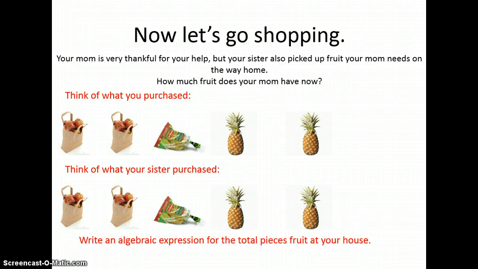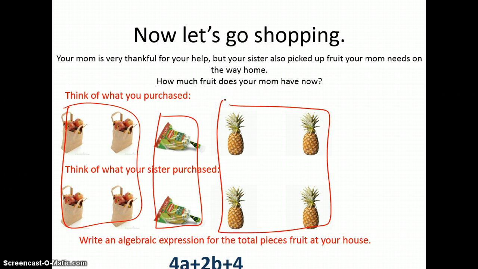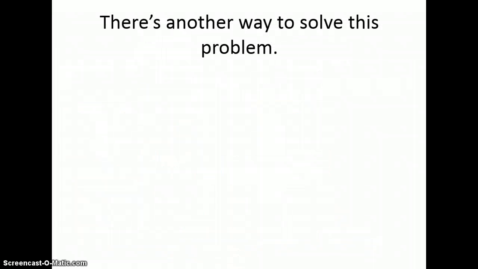But if I wanted to write an algebraic expression for the total pieces of fruit at your house now, I would combine the 2 bags of apples that you bought and your sister bought to get 4 bags of apples. In total, you have 2 bags of bananas and 4 pineapples. So my algebraic expression would be 4a to represent the bags of apples, plus 2b to represent bags of bananas, plus 4 to represent the pineapples.